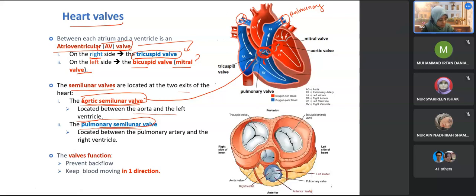Pulmonary artery carries oxygen poor blood from the heart to the lungs. So it is located between the pulmonary artery and the right ventricle. So this is to the lungs. Sama juga.